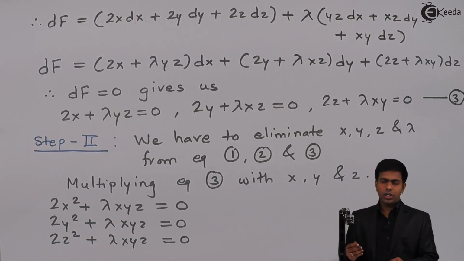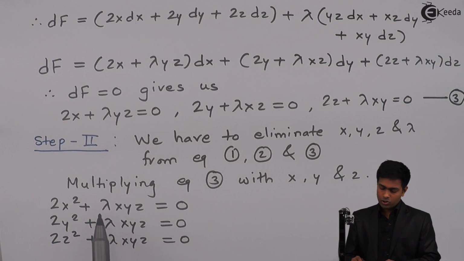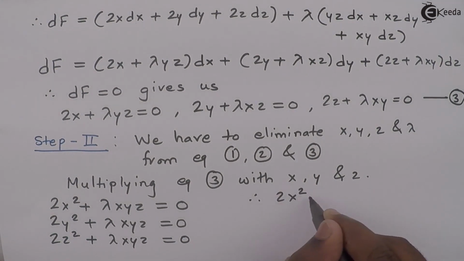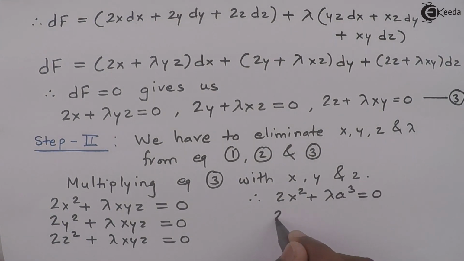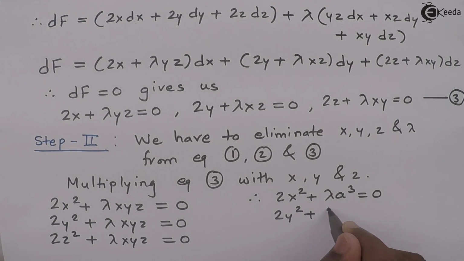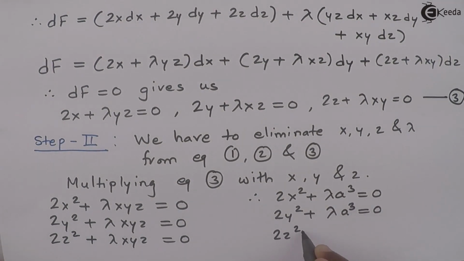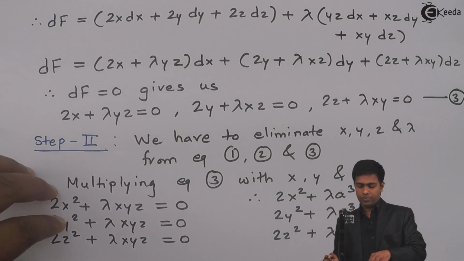Now from equation number 2, we know that xyz is equal to a cube. So this will become, therefore, 2x square plus lambda a cube equal to 0, 2y square plus lambda a cube equal to 0 and 2z square plus lambda a cube equal to 0. So now from here we can get the value of 2x square as minus lambda a cube.